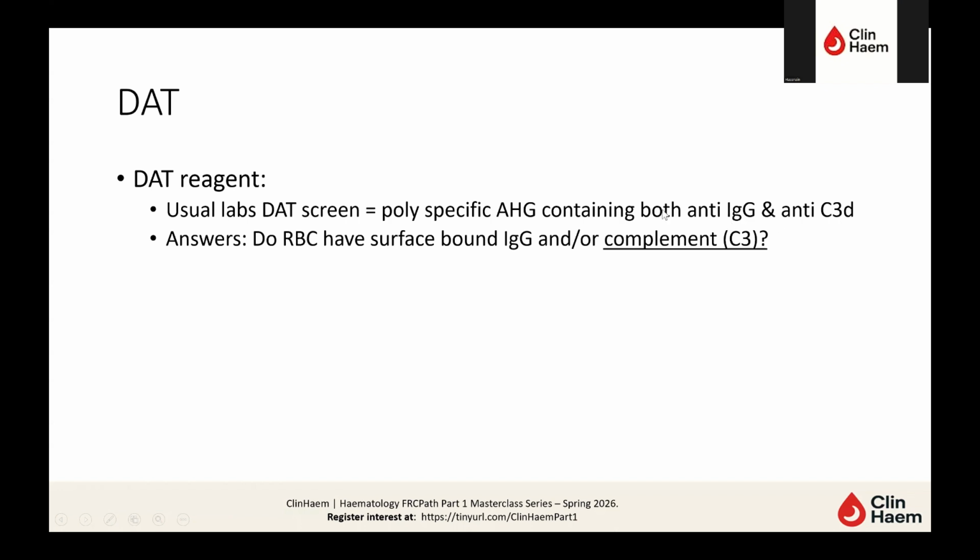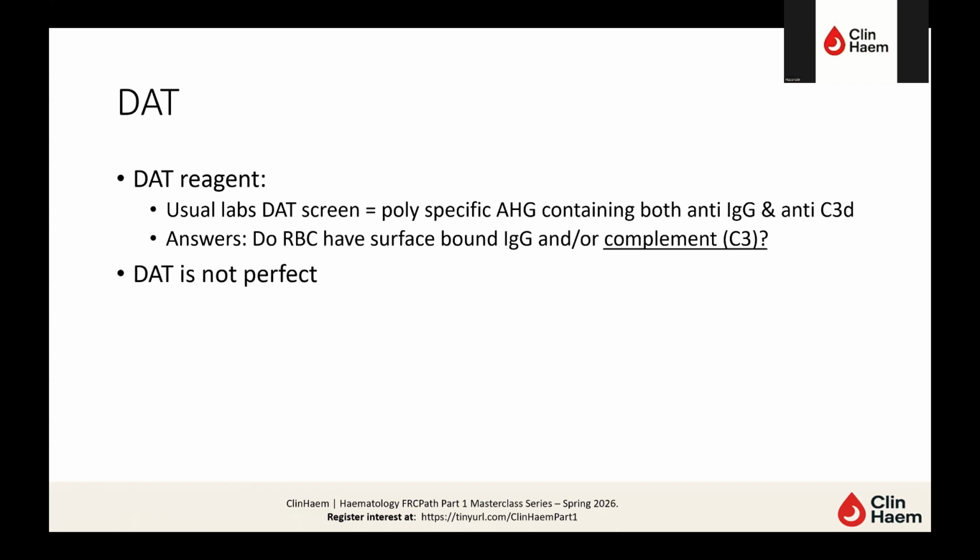So their DAT reagent will be able to pick up any IgG coating the cells or any C3d, which is a complement breakdown protein coating the cells. So what that would answer is, do red blood cells have IgG or complement coating the cells? That's all the DAT screen would answer.